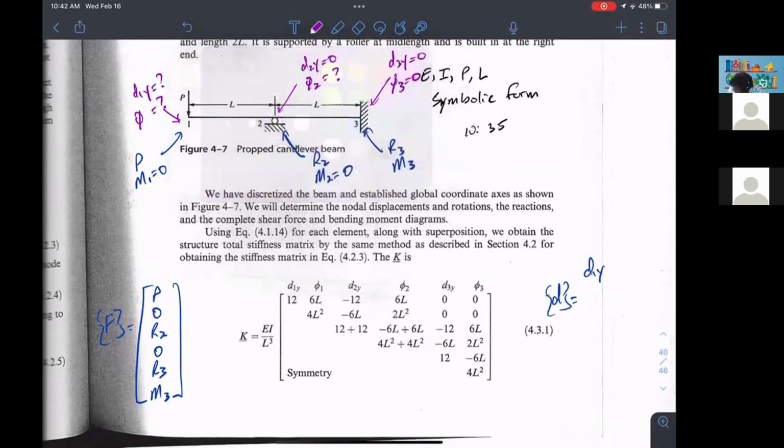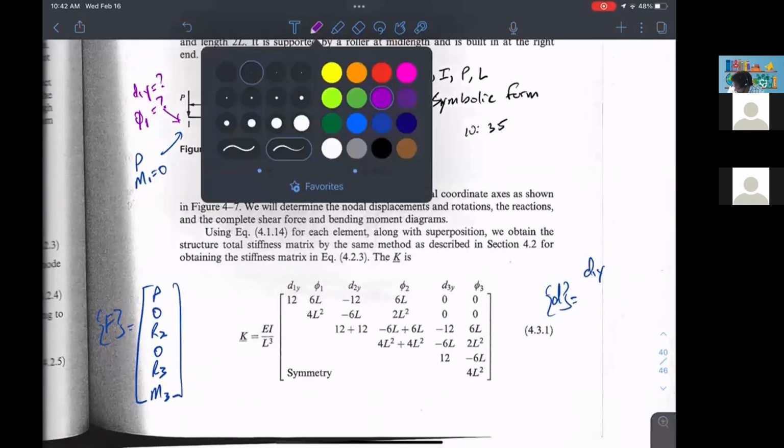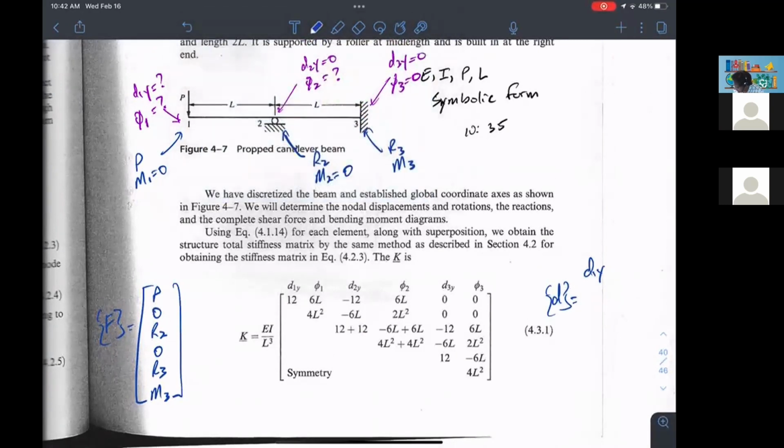Just phi 1, not phi 2. Right, that's our D vector.